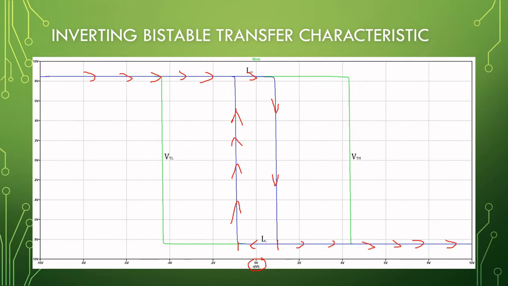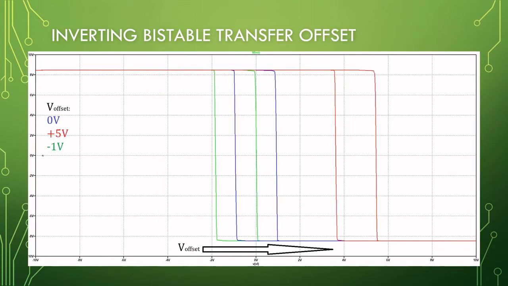So in short, we have a comparator with a triggering level at 1 volt and a comparator with a triggering level at minus 1 volt. So this is basically a combination of two comparators with different levels.